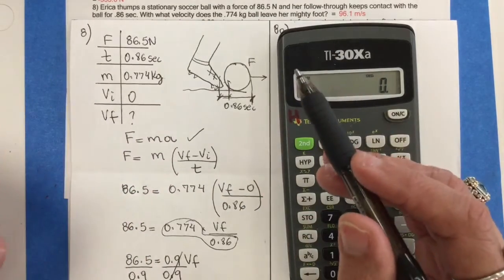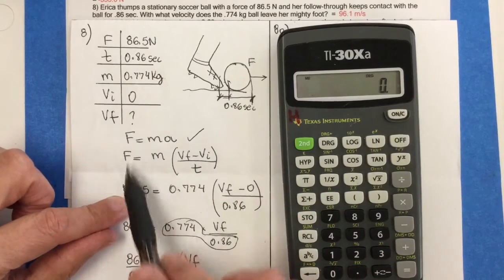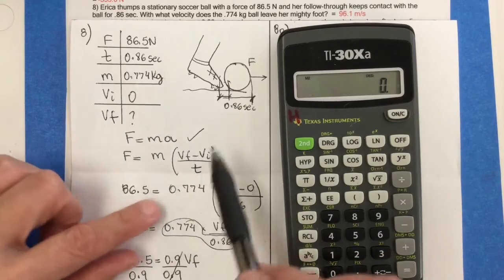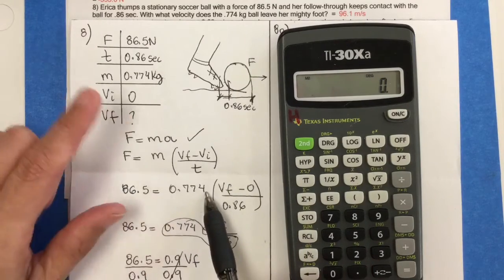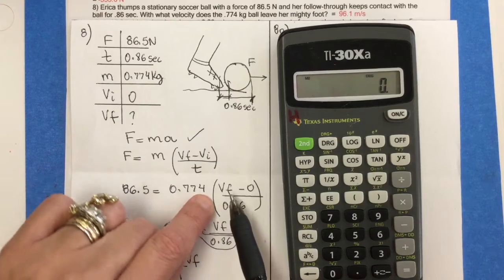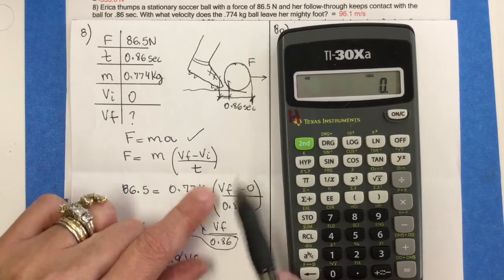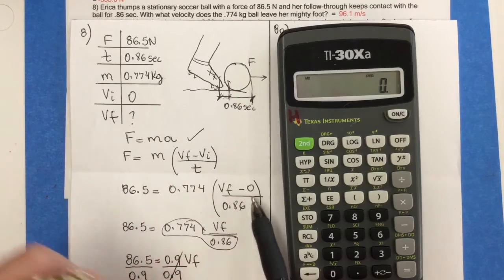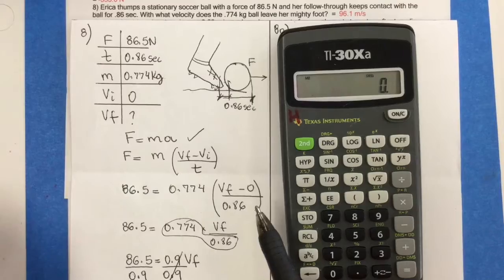So we can calculate separately, or you can just do the replacement here in the formula. Either way will work. Okay, so what was given? The force, 86.5, the mass of the ball, 0.774, and the final velocity is what we are looking for. The initial velocity is 0, and that's the time interval.